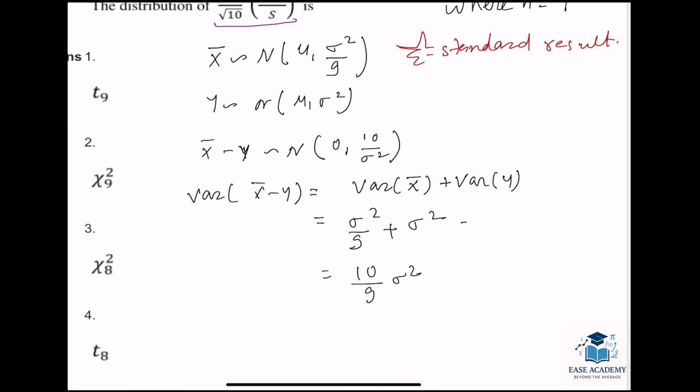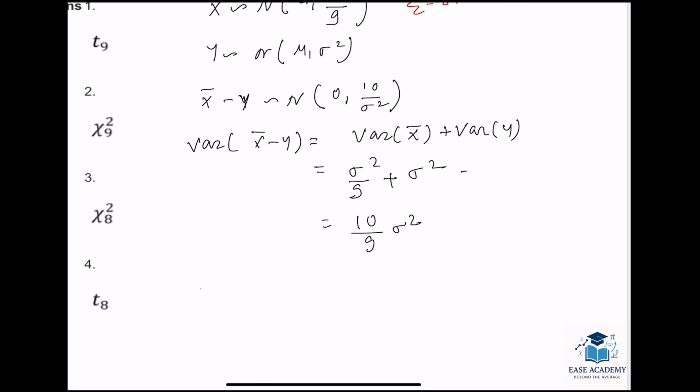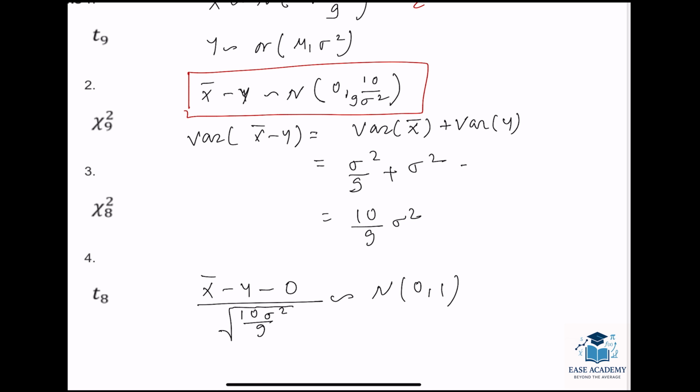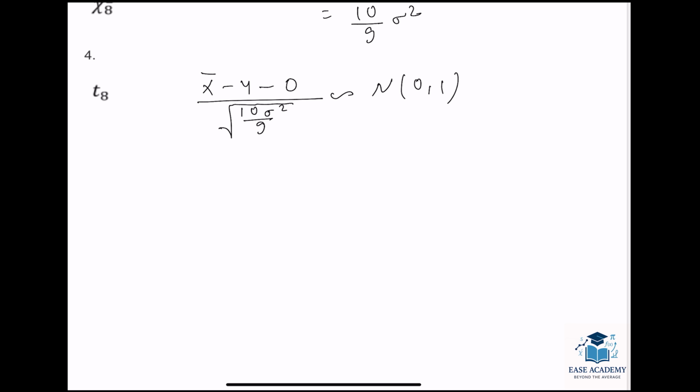Now I am using this information. X bar minus Y minus 0, upon the root of 10 sigma square by 9, follows normal 0, 1. This is a simple result from the central limit theorem.